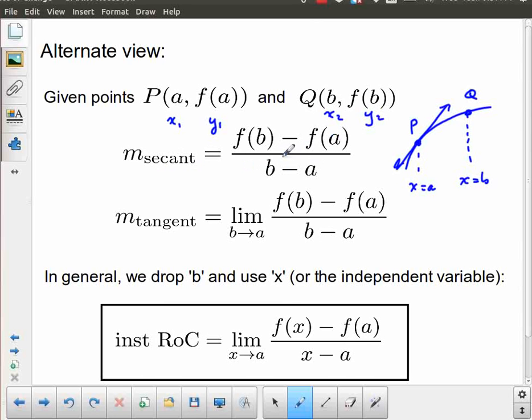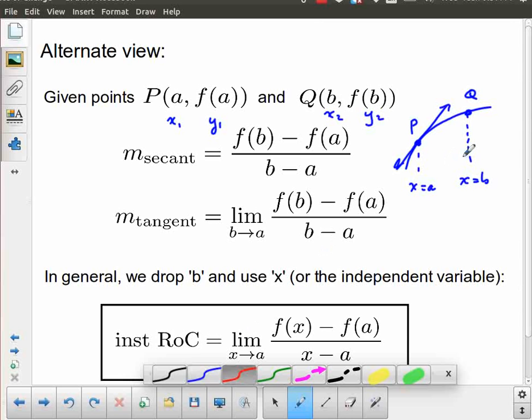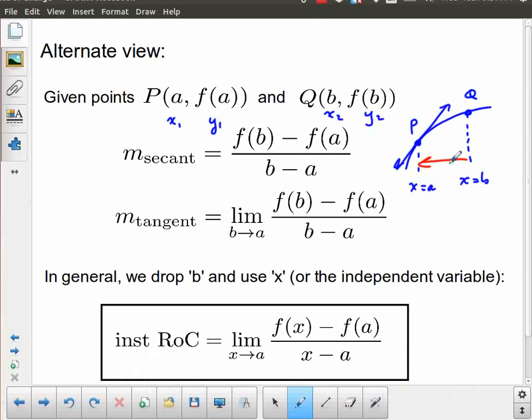This is the slope. And if we want to go from the slope of a secant to the slope of a tangent, what I have to do is bring these 2 points closer and closer together. So what that means is this interval has to approach 0. I have to make this smaller and smaller. Well, that's the same thing as taking this value of b and making it closer to a.